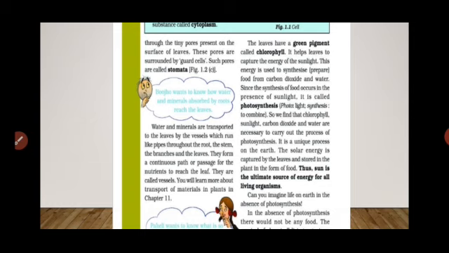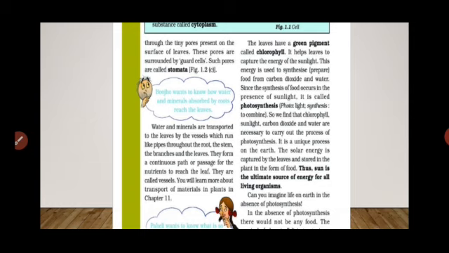So we find that chlorophyll, sunlight, carbon dioxide and water are necessary to carry out photosynthesis. Students, water, carbon dioxide, minerals and sunlight are the factors used to complete the process of photosynthesis.